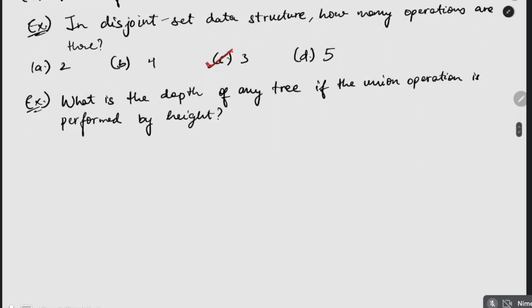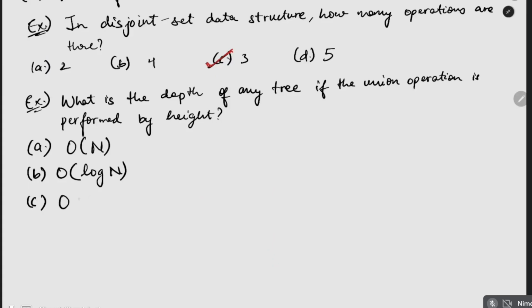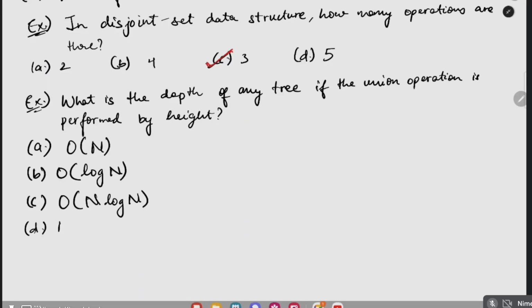So if the union operation is performed by height, then will the depth of the tree be of the order of n? Will it be of the order of log n? Will it be n log n, right? Or will it be something completely different?